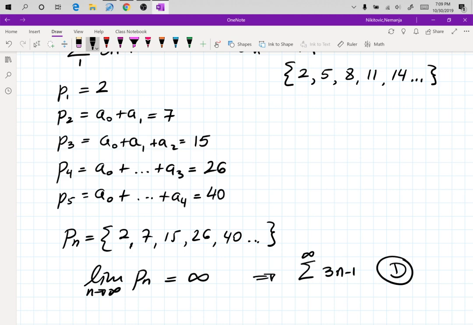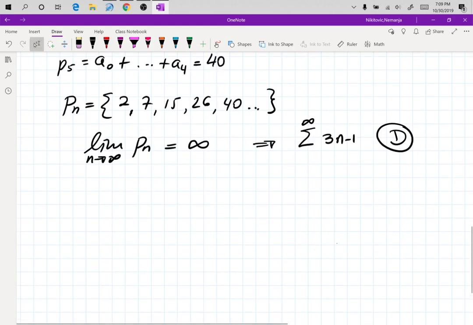Every time we calculate the next partial sum, it will be a larger number, and when you take the limit of all of those, you see that they are going to infinity. They grow without a bound, so the limit of the partial sums is going to be infinite.